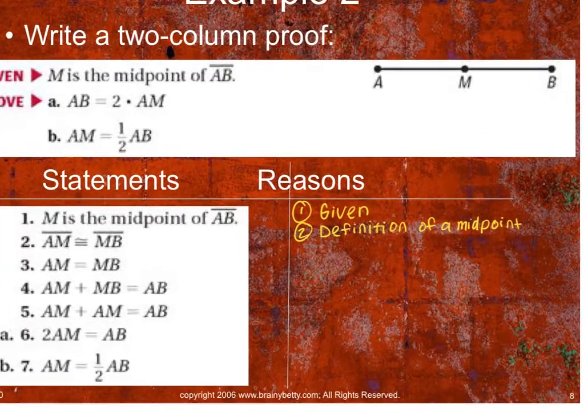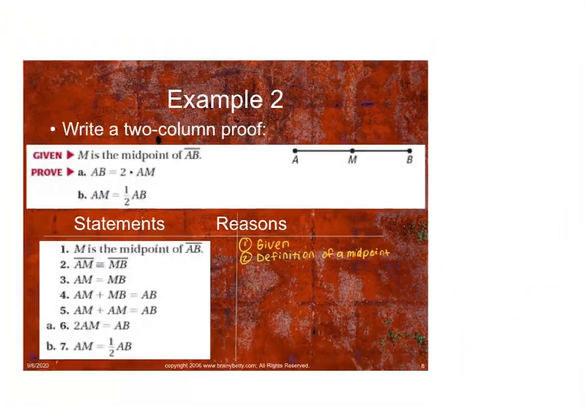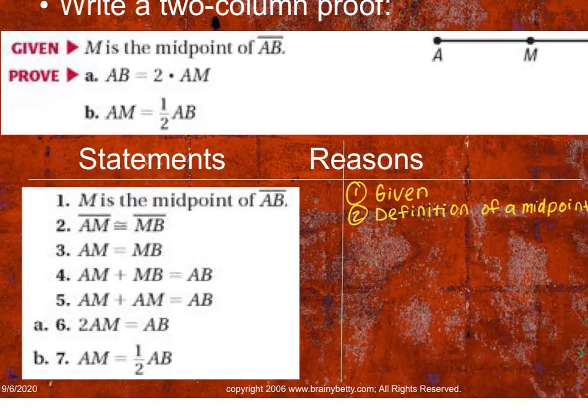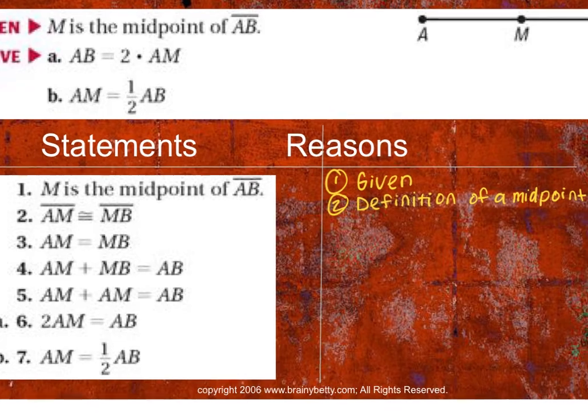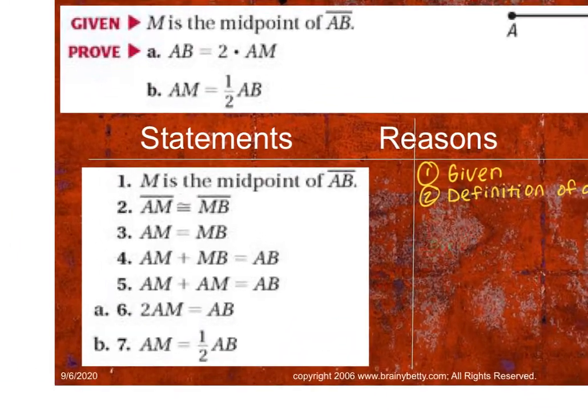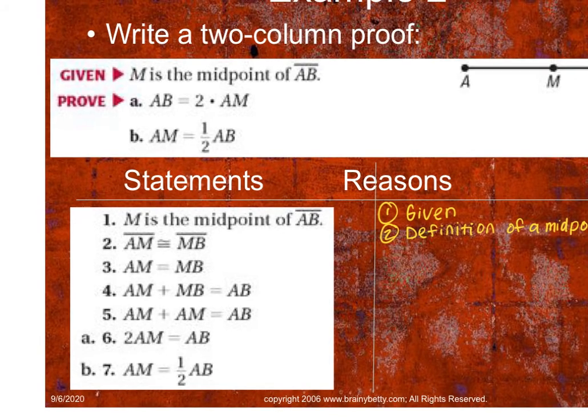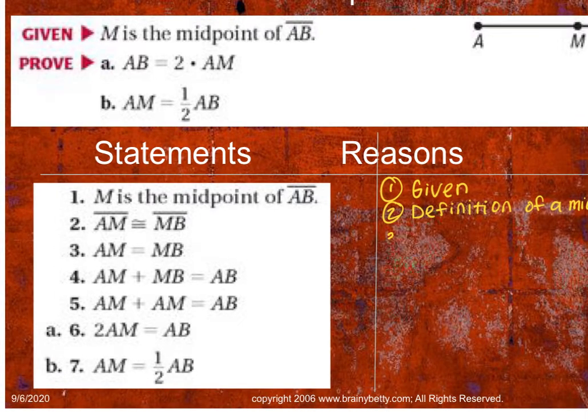Okay, because if it indeed lies in the middle, then the distance from A to M should be congruent with the distance from M to B. So now it says AM equals MB. That is just the definition of congruence.